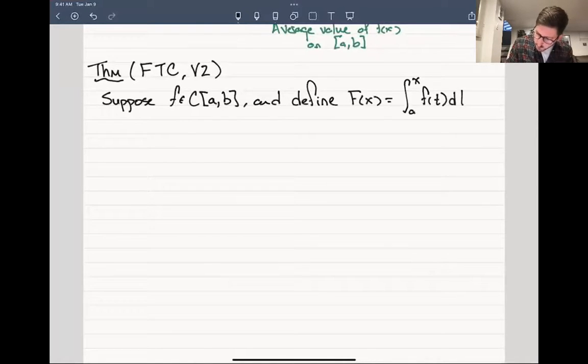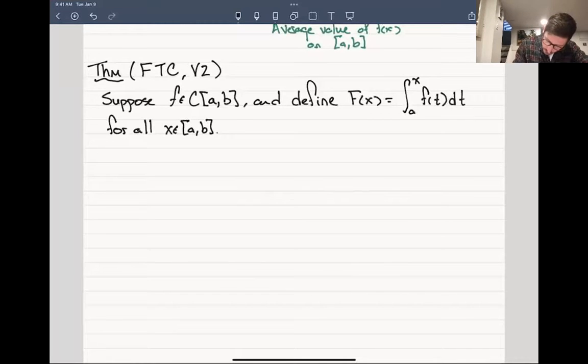So I have a dummy variable inside the integration. And if you're thinking about integrals in terms of areas, this is saying the area from the beginning of the interval up to some point x. So you can think of capital F as an area function. This is for all x in [a, b].